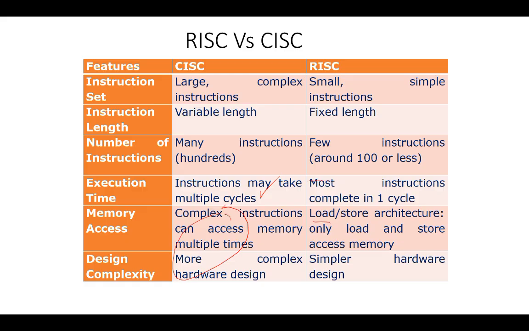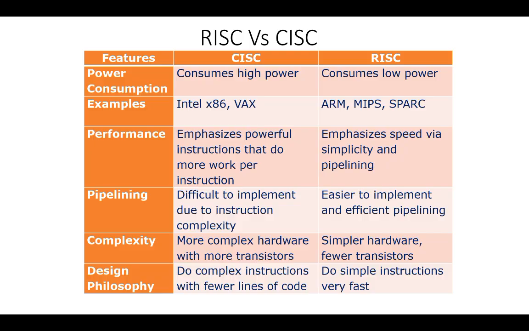With respect to design complexity, CISC has a more complex hardware design, while RISC has a simple hardware design. For examples, RISC has the ARM processor and MIPS and SPARC, whereas CISC has real-time examples such as Intel x86 and VAX.